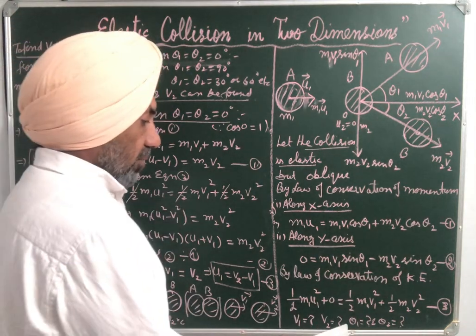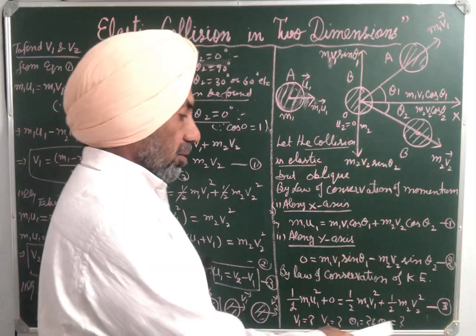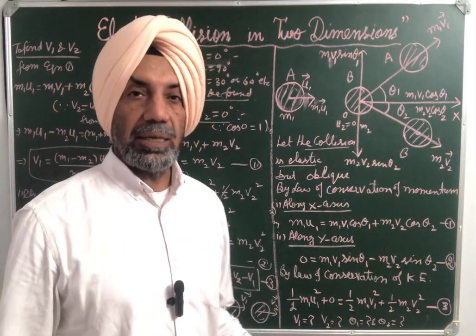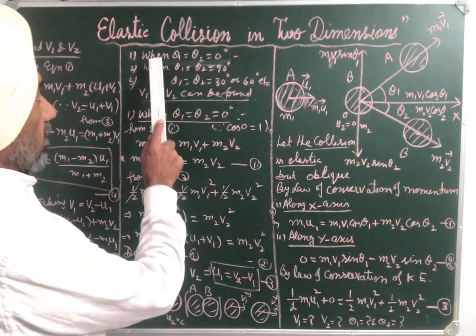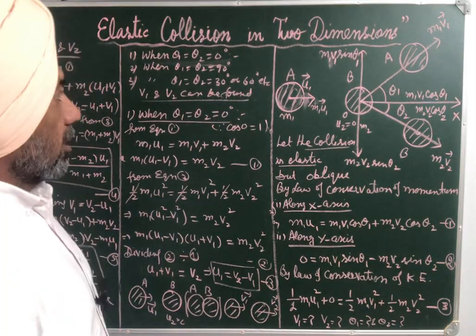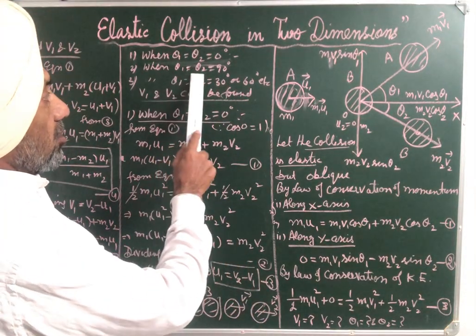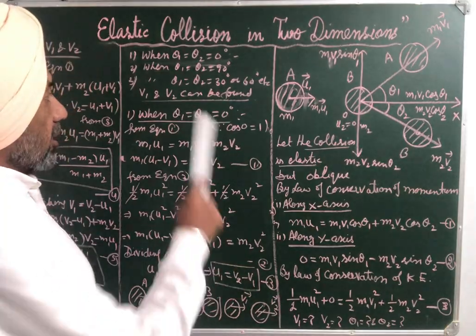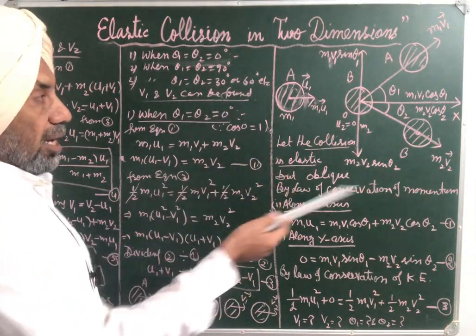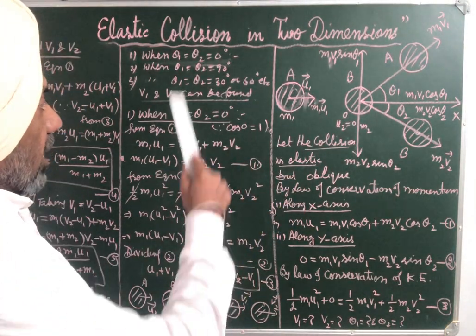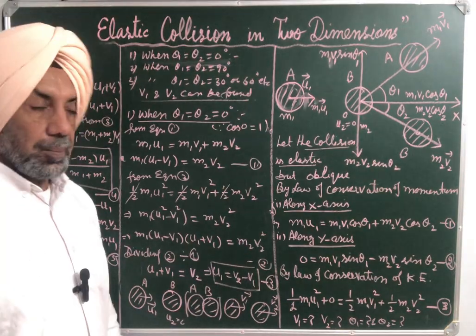So to find v1 and v2, we have to know theta 1 and theta 2. Any angles may be given, such as 0 degree, 90 degree, 30 degree or 60 degree.